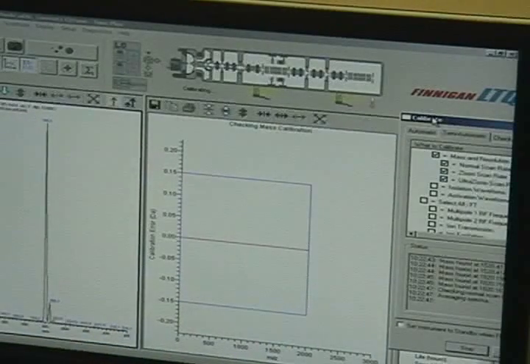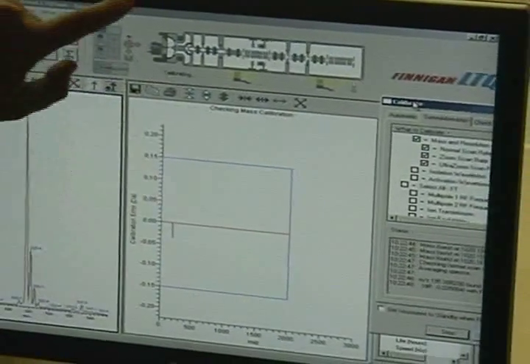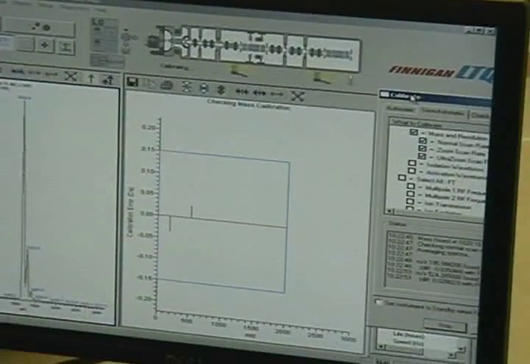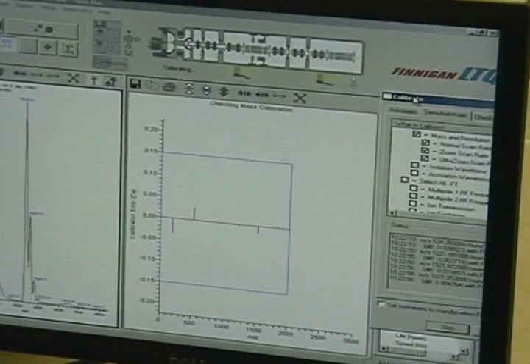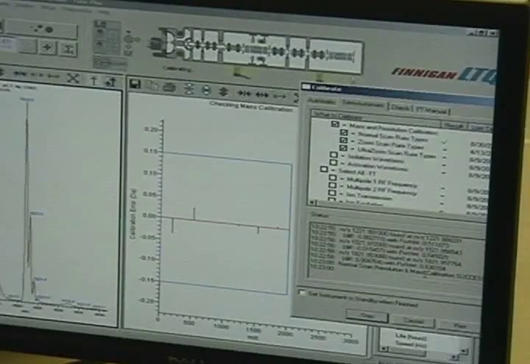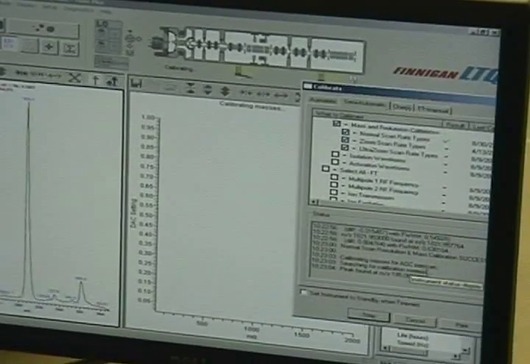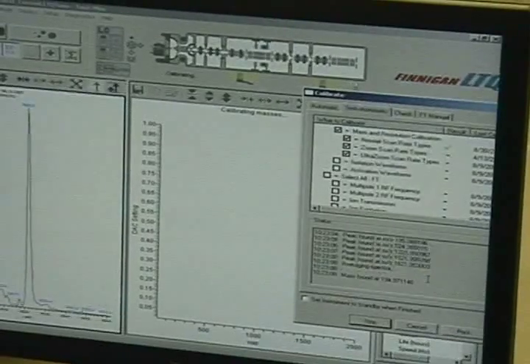Now, this is doing rough mass calibration. It was plotting mass over charge versus quadrupolar RF, and it's measuring how well it did. It was varying the voltage of the quadrupolar to move the ions to the right frequencies.